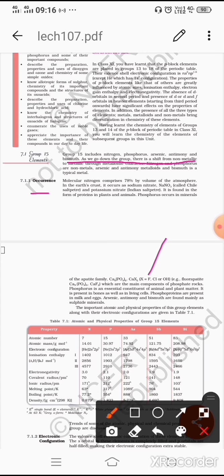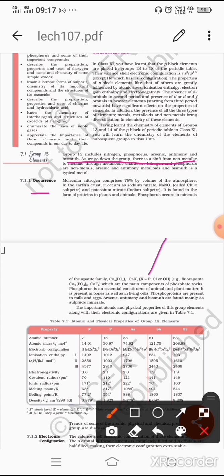Now coming to the second element, phosphorus, which is also a part of living beings in the form of ATP, but in inorganic form it is also found in the earth's crust as the apatite family: calcium phosphate, calcium halides, fluoroapatites, calcium fluorides. These are the apatite family in which phosphorus occurs in nature in combined state.